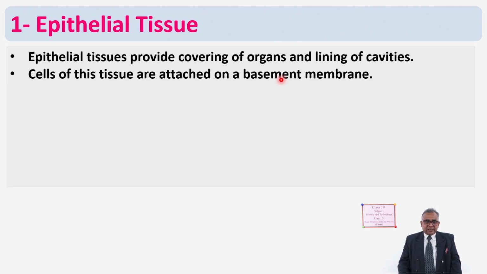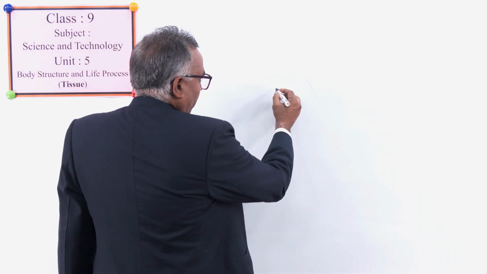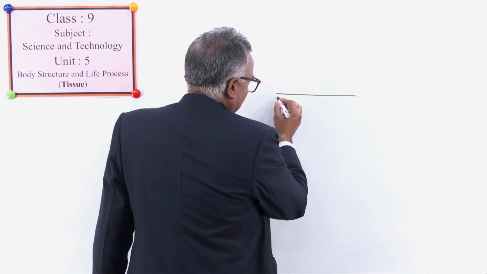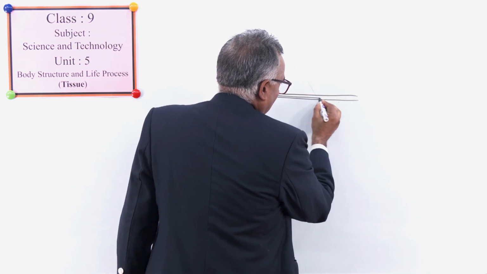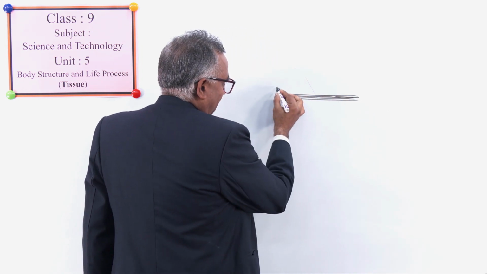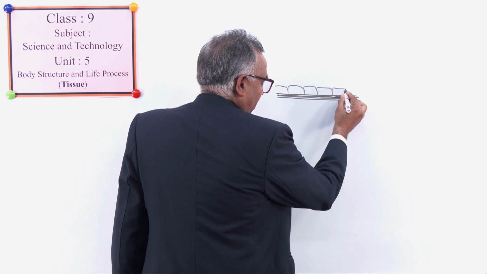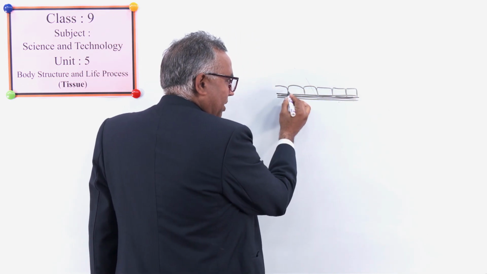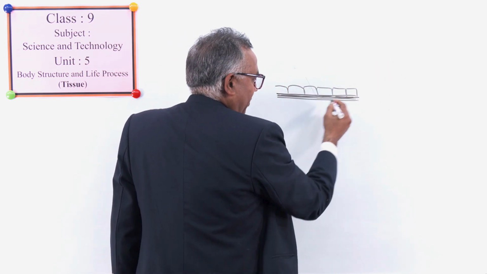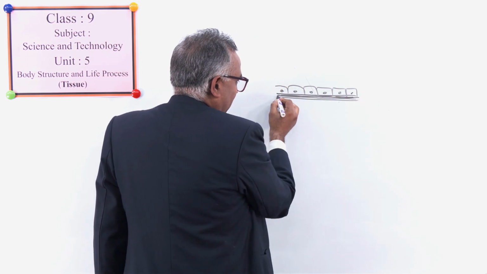Cells of this tissue are attached on a basement membrane. To understand basement membrane, if you remember the diagrams I showed you, there is a layer of non-living structure on which cells are arranged. As I told you, it may be single layered or many layered, and cells are attached to a layer.